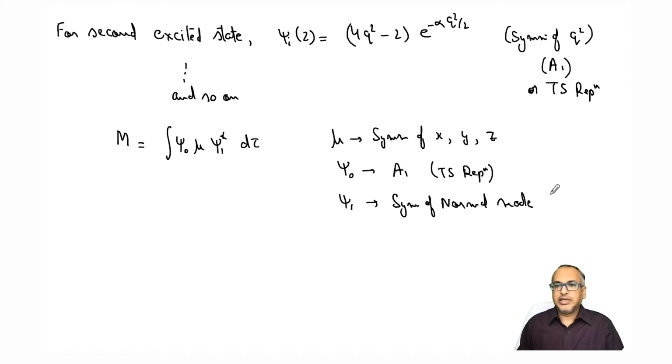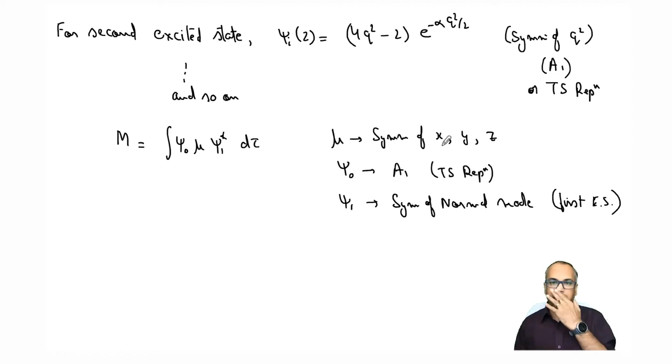Let us only talk about the first excited state. So what will be the direct product of these three? The direct product will not depend on psi 0 because it is A1. So we have to consider the direct product of mu, or the symmetry of x, y, z, and psi 1.